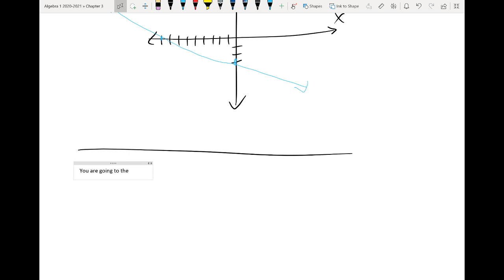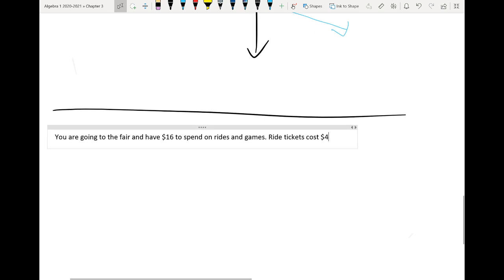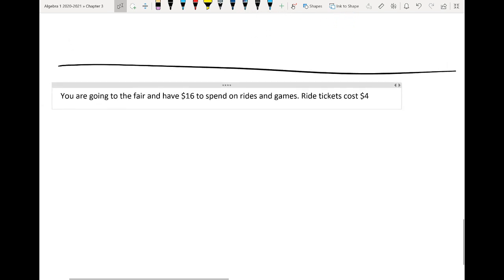You're going to the fair and have $16 to spend on rides and games. Ride tickets cost $4, and game tickets cost $2.